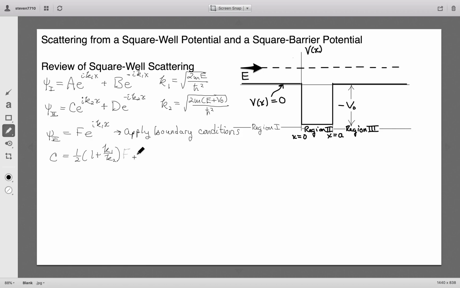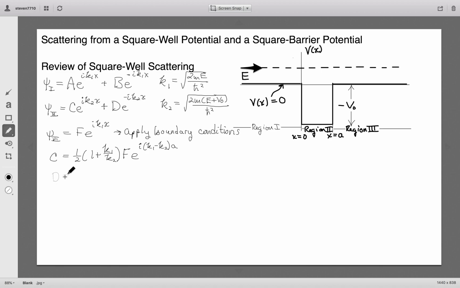In terms of, right, the width of our well is a, that's why it's appearing here. So that was C. C and F, we'll talk about the transmission essentially.